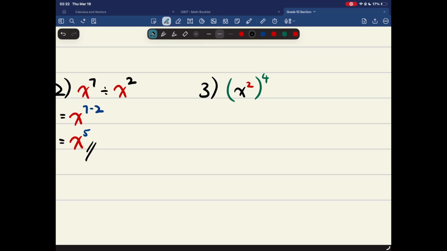According to the power law, it states that you gotta multiply both powers together. So we have x as the base, and we will have 2 times 4. So at last, the answer will be x to the power of 8.